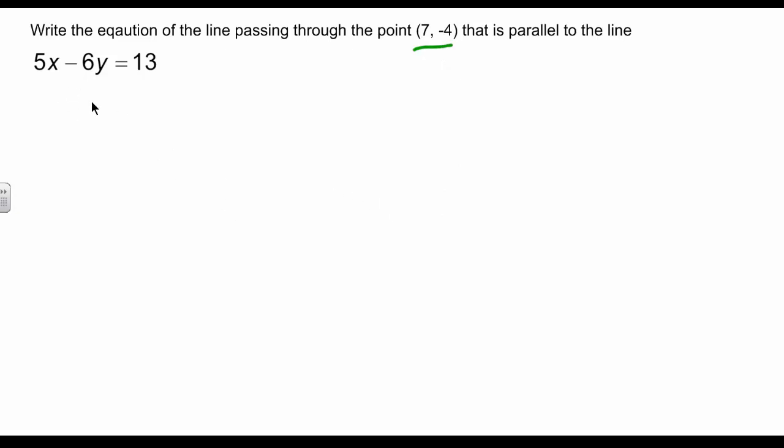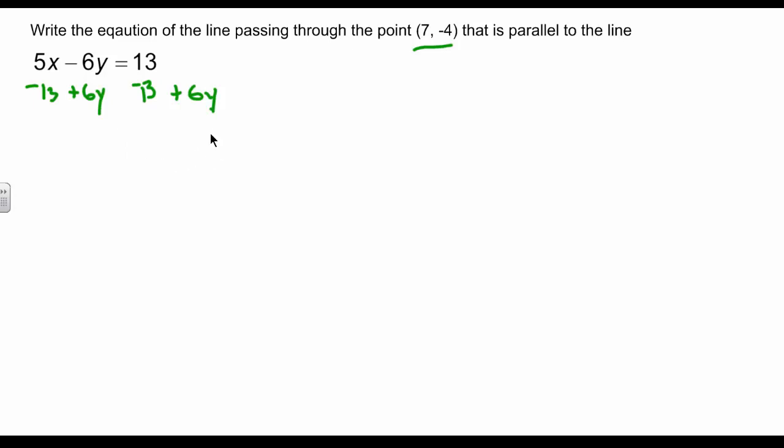Now, unfortunately, this time we don't have our line in slope-intercept form. So I'd like to do that. I'm going to subtract 13 from both sides, and I'm going to add 6y to both sides. So what I have now is 5x minus 13 is equal to 6y.